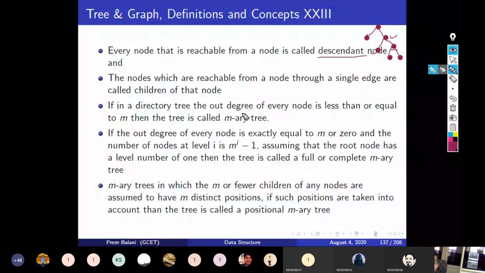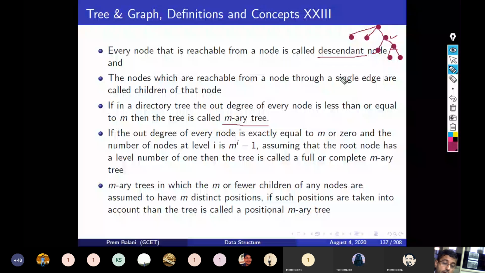So here the out degree of every node is less than or equal to 2, so this is called the binary tree. Suppose I draw one more node and an edge, now you see this is a ternary or three-ary tree, because the root has 3 out degree. So the out degree decides the type of tree.